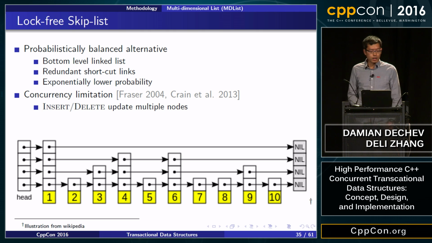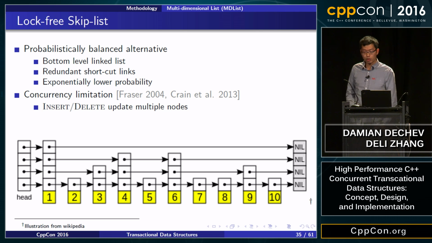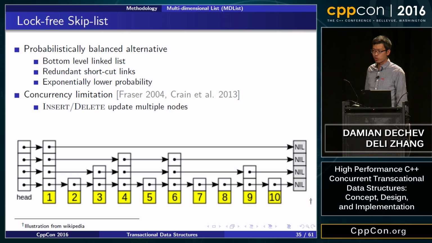If this were a simple linked list, these two insertions would have no dependency or interference. But in the Skiplist, they both need to modify nodes 1 and 3. Only one of them will succeed and the other will retry. So the Skiplist introduces additional access conflicts among supposedly commutable operations.